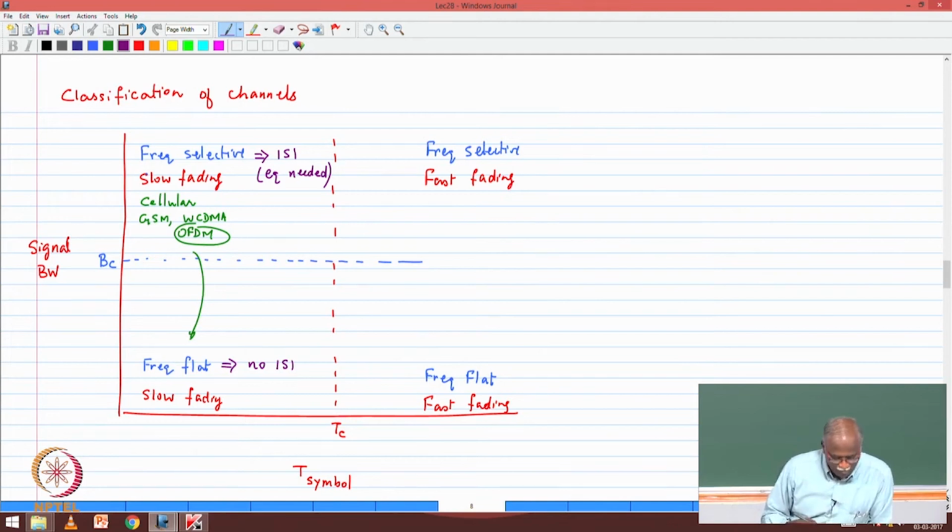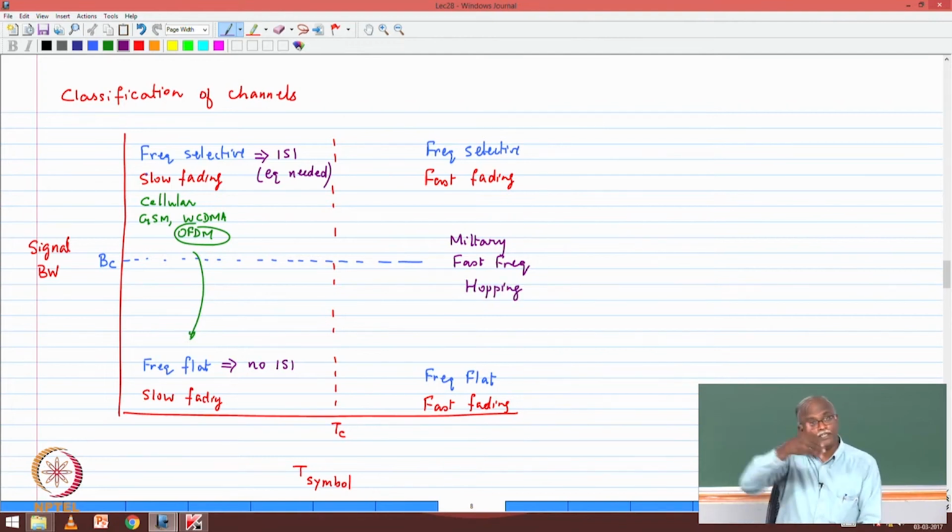We do have, and it is not used in civilian use. These are primarily military frequency hopped systems. They are called fast frequency hopping. Fast frequency hopping because they don't want the enemy to detect where you are. Within the duration of one symbol, the frequency changes.